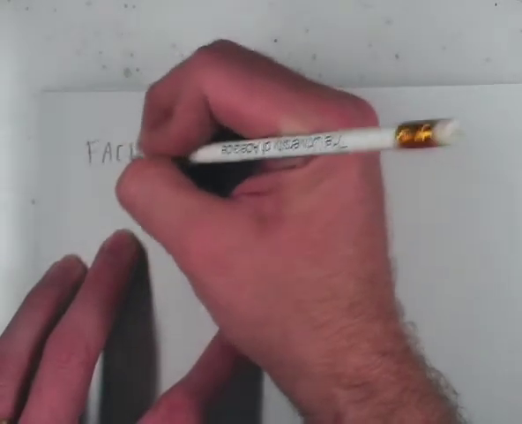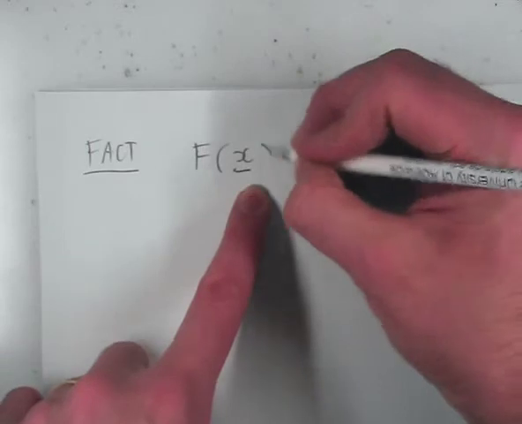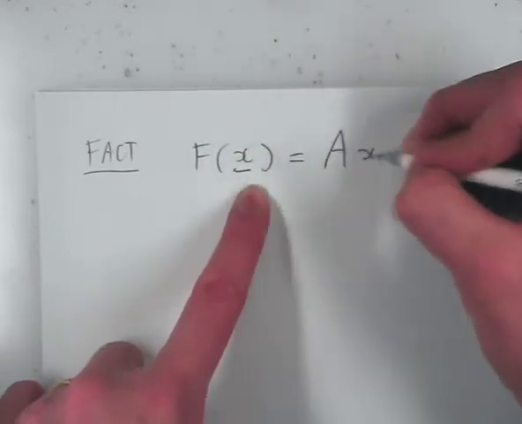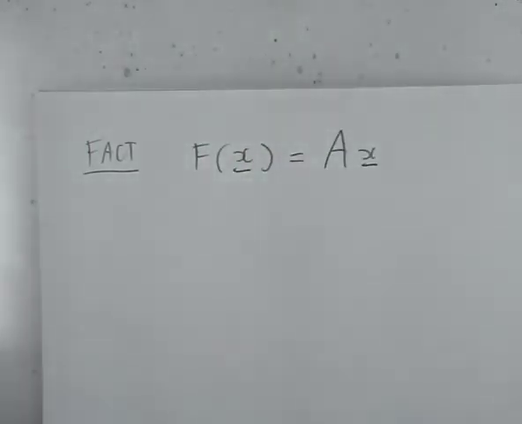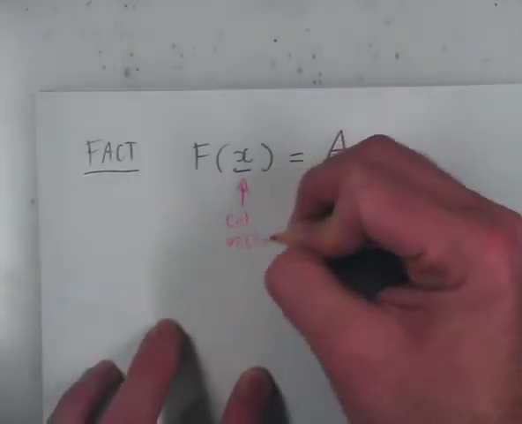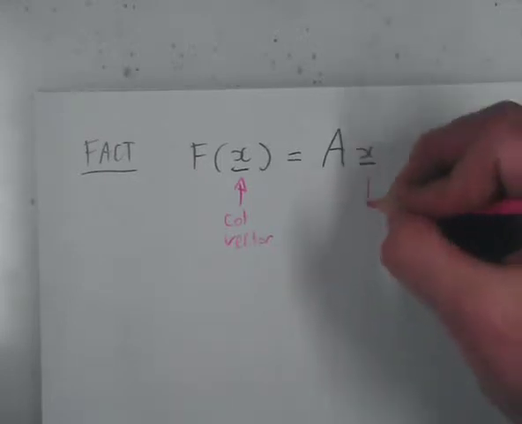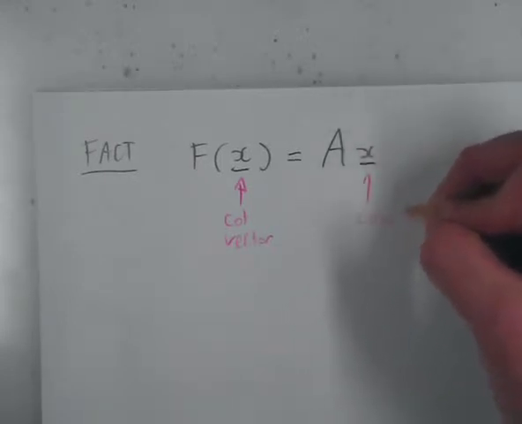So that's sort of a theorem, right? Not really a theorem, but it's a fact that if f of a column vector is defined as a matrix times the column vector, so this is a column vector. Up till now I've been writing my vectors as rows, but in order to do matrix multiplication I would prefer them to be columns so that I can put the matrix on the left.